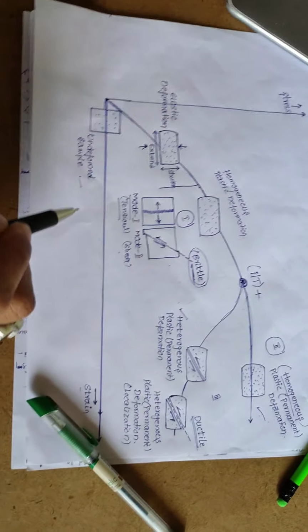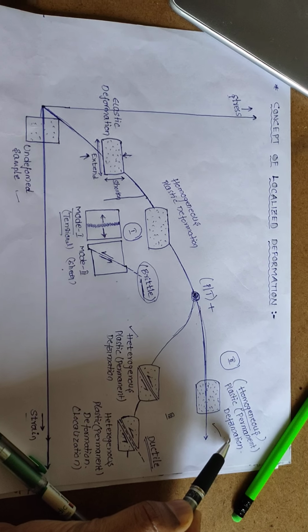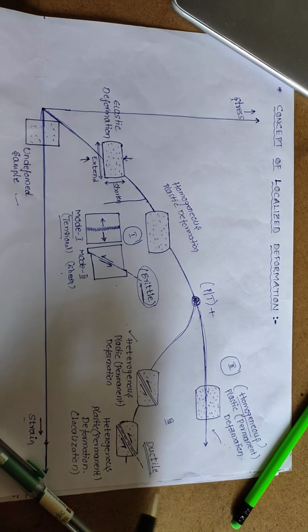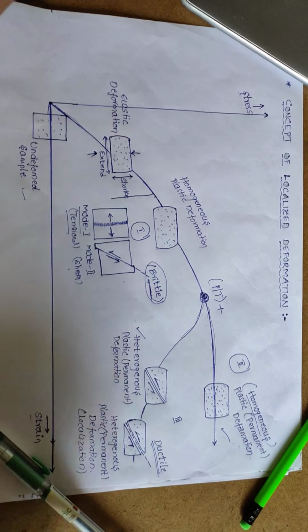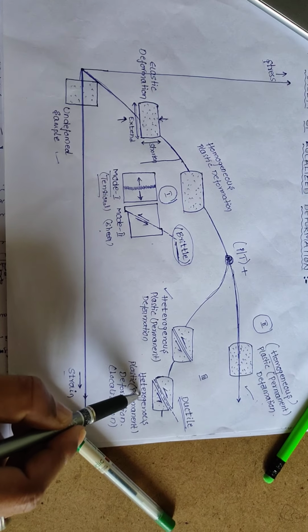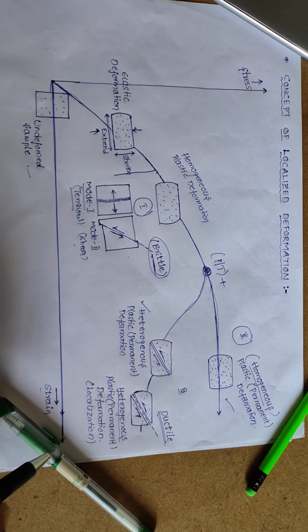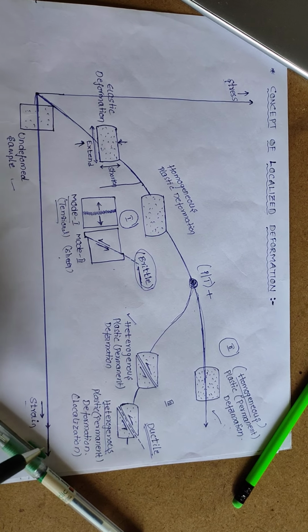And the second possibility is homogeneous deformation, and we can have the possibility of ductile shear localization or heterogeneous plastic deformation, which also forms deformation.